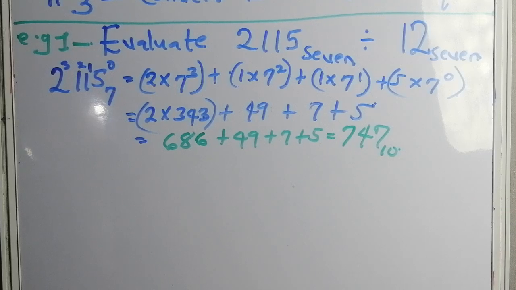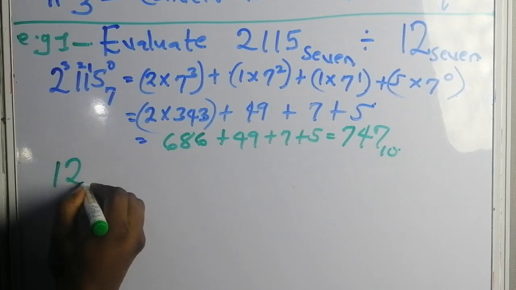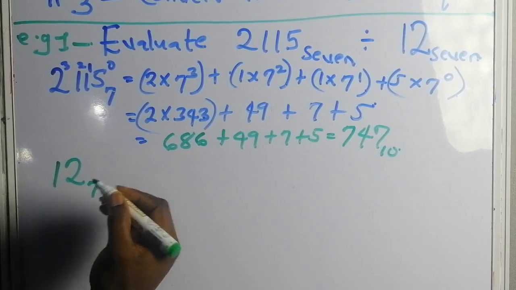We've done step 1, convert to base 10 first: we've converted 2115 base 7 to base 10. The next thing we need to do is convert 12 in base 7 to base 10.